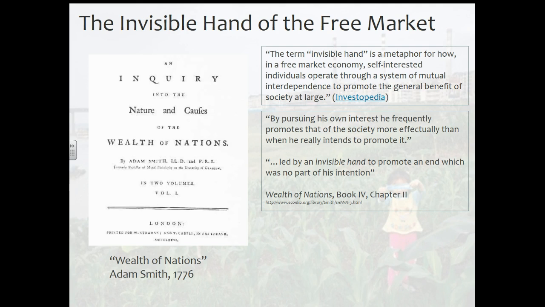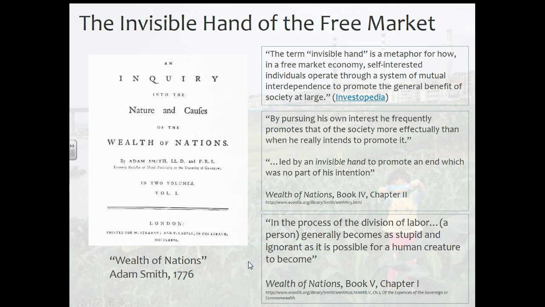This is the fundamental theory behind free markets: that we just have to make our economic decisions based on what's best for us, and it overall benefits society as a whole. A lot of people adhere to this notion today, and some with good reason. There are probably limits to this. But anyway, that's the important thing here: this is what is referred to as the invisible hand. So if you ask an economist or someone that studied economics, they'll know what you mean when you say invisible hand.